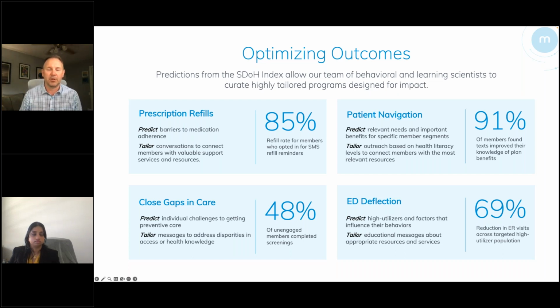And I think the proof's in the pudding here, whether it's the gaps in care, 48% of unengaged members completed screenings using this sort of framework. So we can go far and wide, and we can be really specific while we're doing it. I think that's really important for some of you who have large membership or patient populations. So you want to go to the next one.